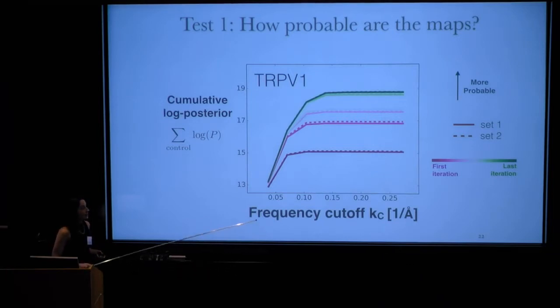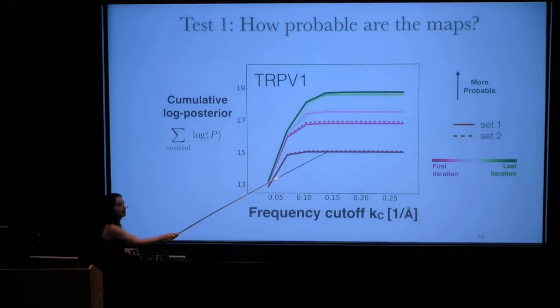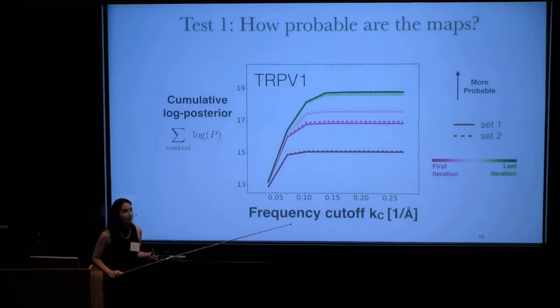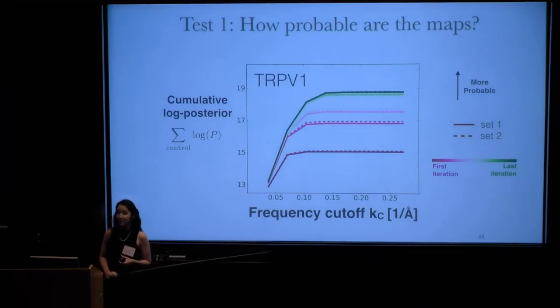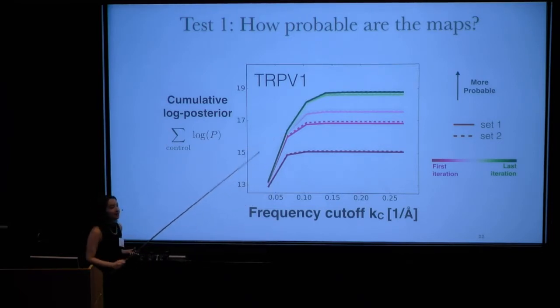So here we find 3 important results. The first thing is that the cumulative probability increases as a function of the frequency cutoff. So as I add higher frequencies to my map, there's an increase of the posterior probability up to a certain plateau. The second result is that the cumulative probability increases as a function of the iteration.